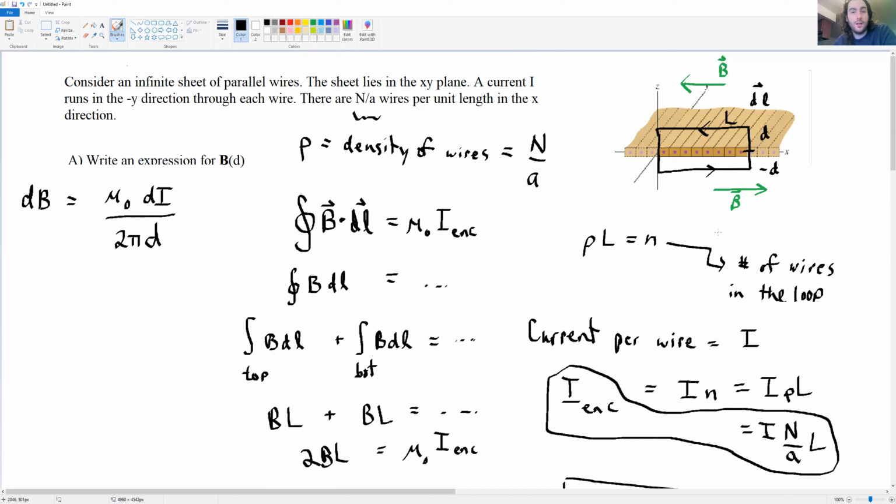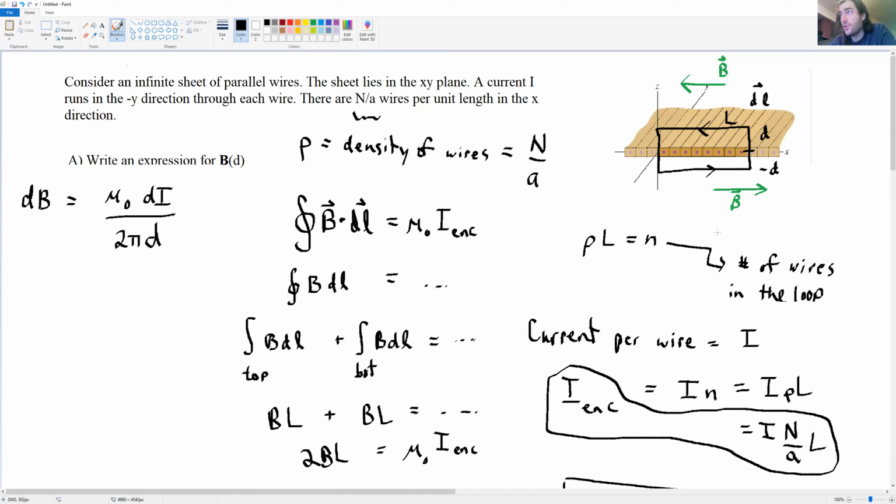We did this rectangular shape, which is parallel at the top, parallel at the bottom, and it just cuts through the plane on both sides. So that's planar symmetry. The choice that you use for your loop should be symmetric on top and bottom, and the only way to do it in this case is this rectangular loop. This is pretty much your only choice on this kind of question.